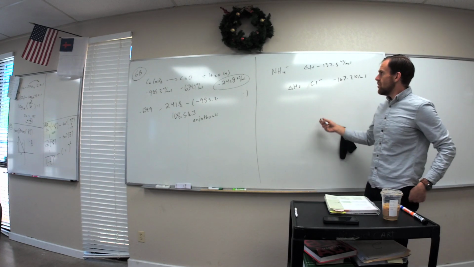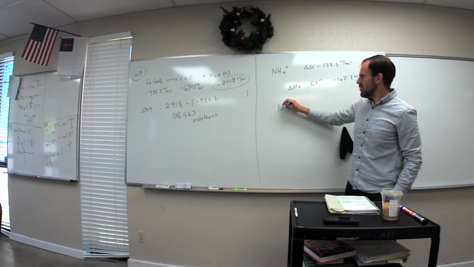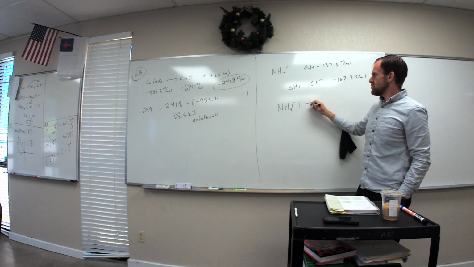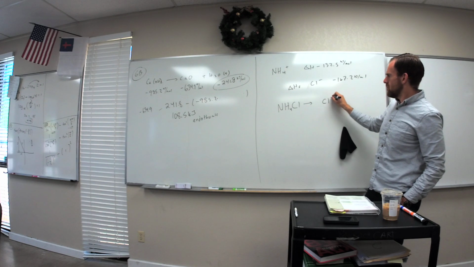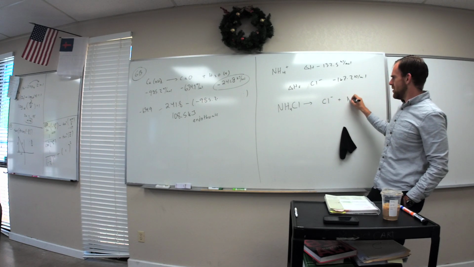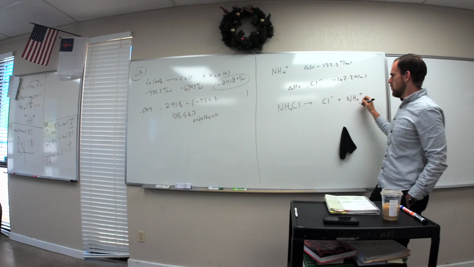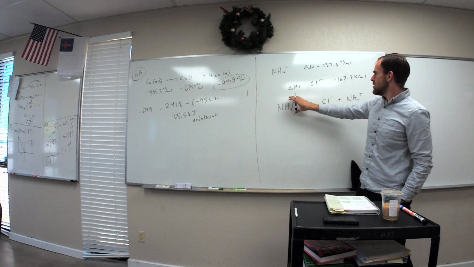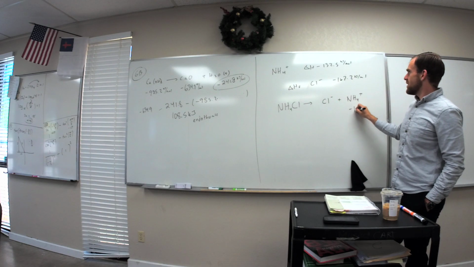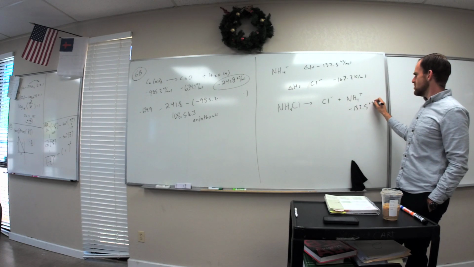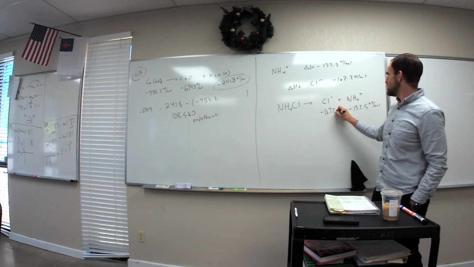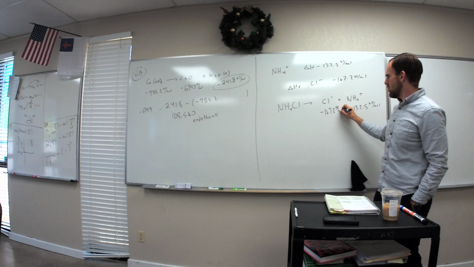All right, so basically what we're saying is we have ammonium chloride, and it's breaking down to ammonium and chloride. Okay, so this has negative 132.5 kilojoules per mole. This has negative 167.2 kilojoules per mole.